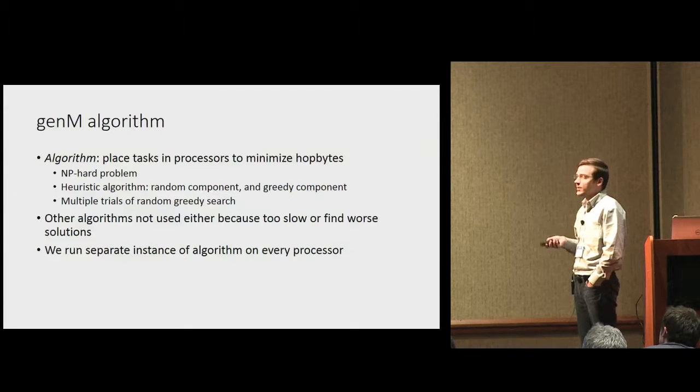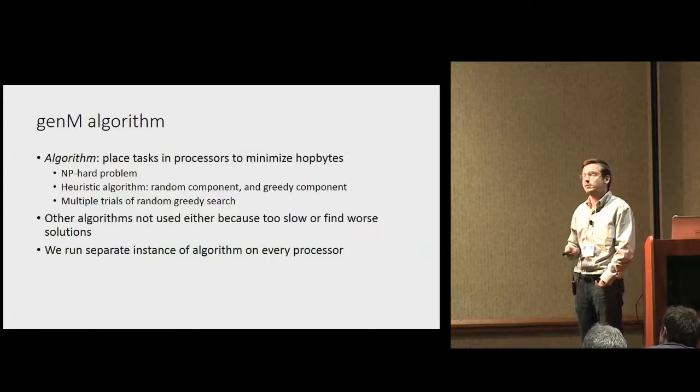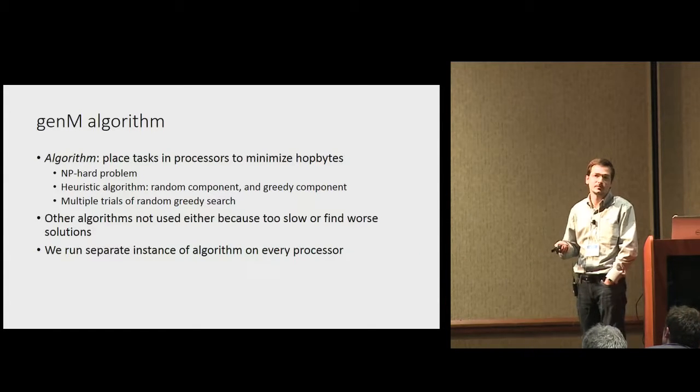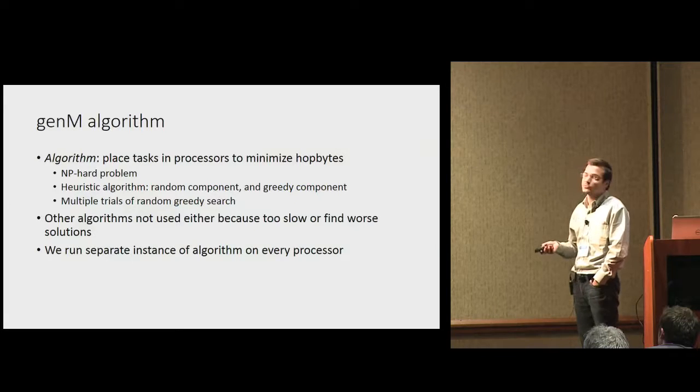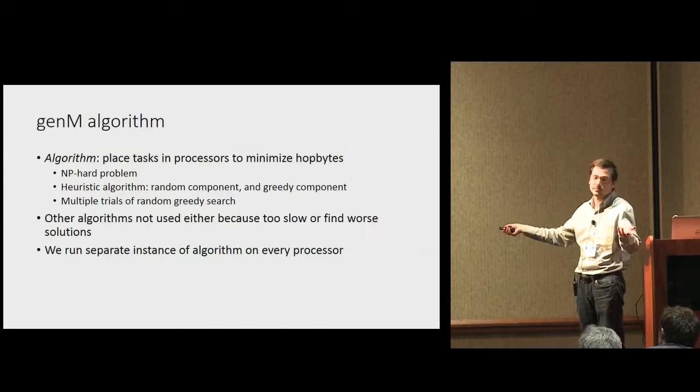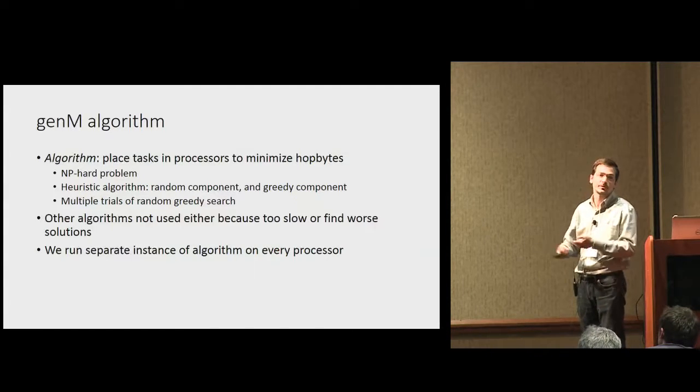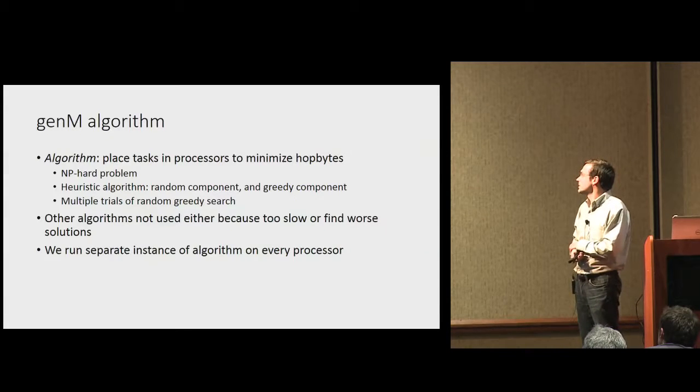It does multiple trials, and we compare with several other algorithms. This problem is not new, and there are many algorithms to solve it, but they're either too slow, because these problems are huge, with many thousands of tasks, or they find bad solutions.